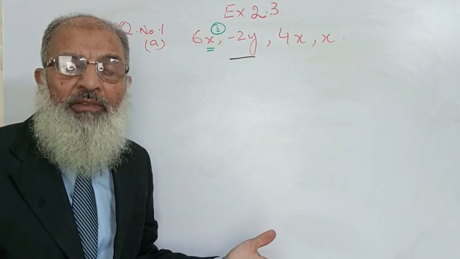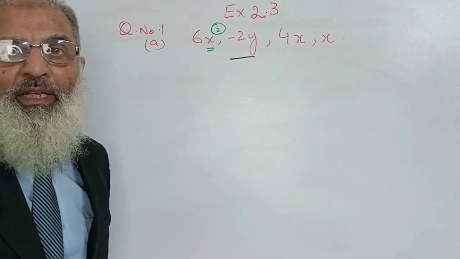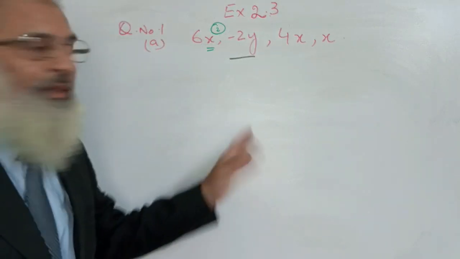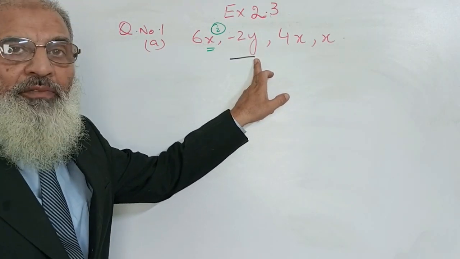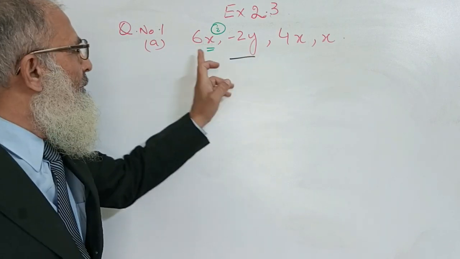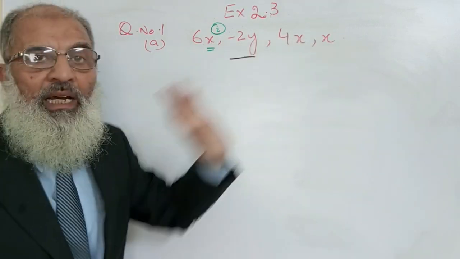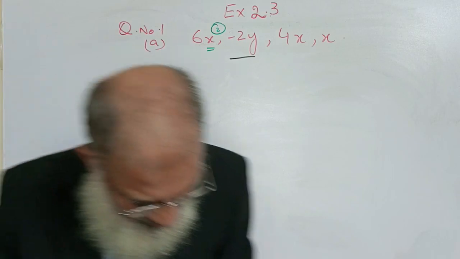Since the variable is different, we don't have to worry about the index. It is not alike, but this and this are the like terms.